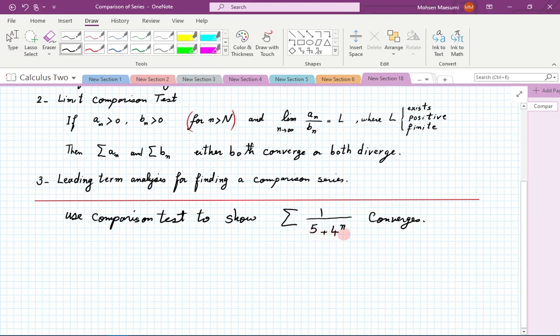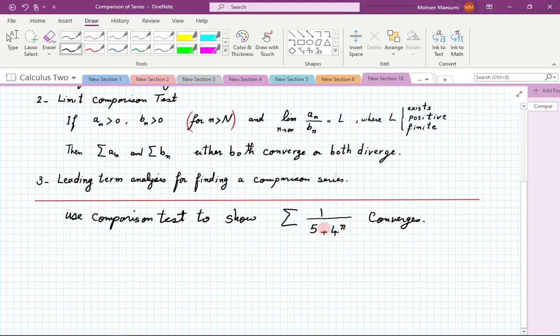Well, we look at this, and now we need to apply some ideas as to finding another series that we already know converges, that's going to help us establish that this one converges. So we say the leading term here is 4 to the power of n.